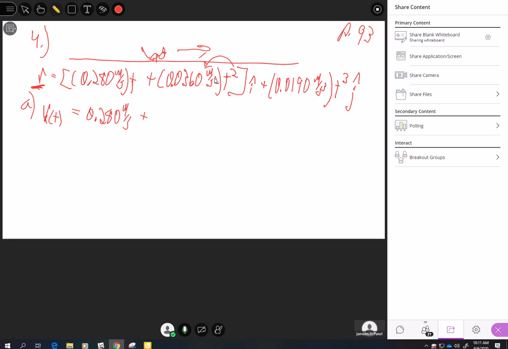You can put a 2 out front, or just go ahead and multiply it through. Then it's going to become 0.072 meters per second squared, because my units don't change.